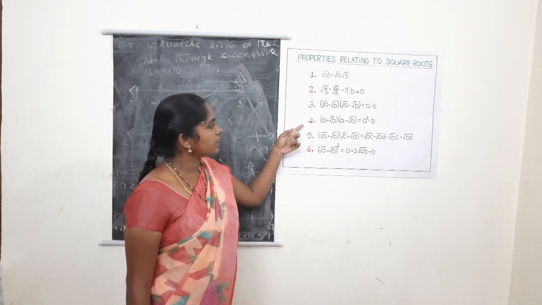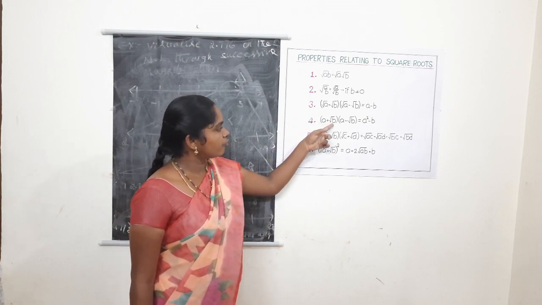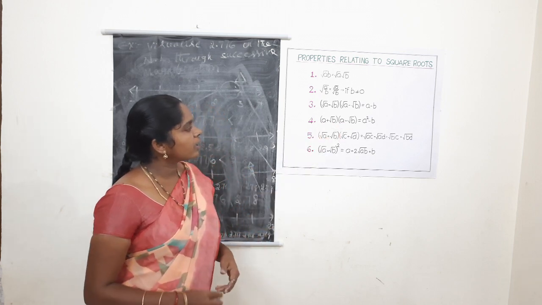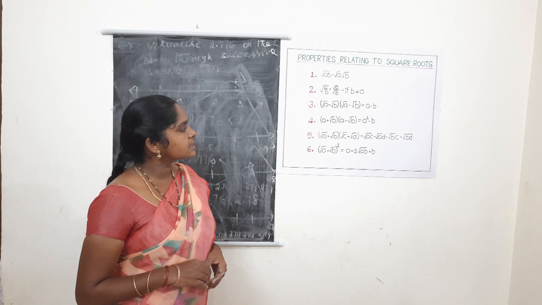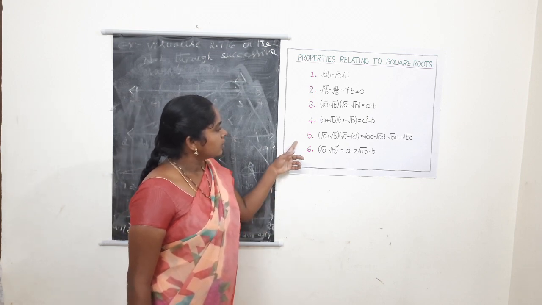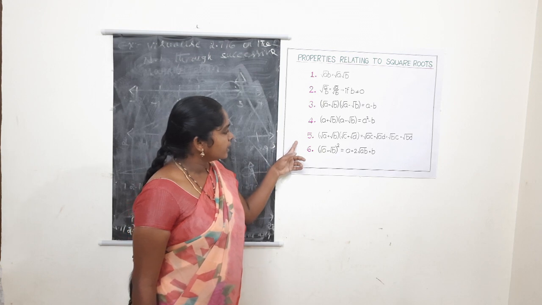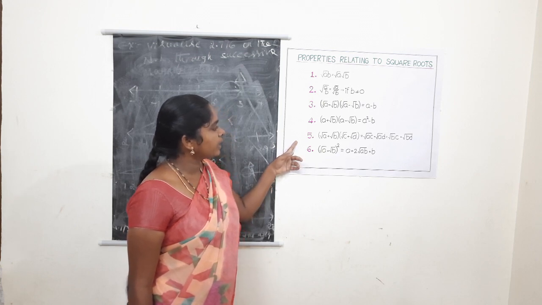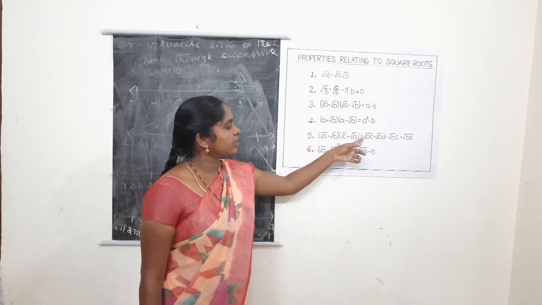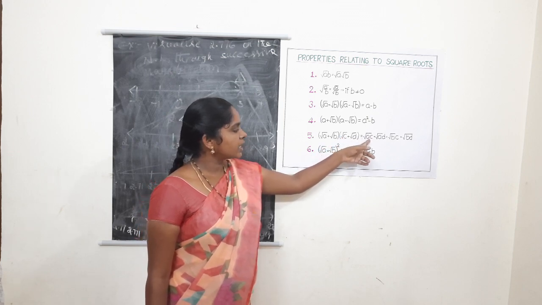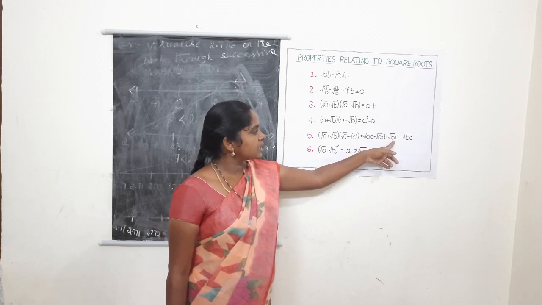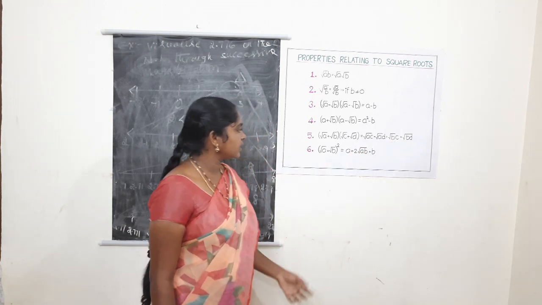Fourth property, A plus square root of B into A minus square root of B equal to A square minus B. Fifth property, square root of A plus square root of B into square root of C plus square root of D equal to square root of AC plus square root of AD plus square root of BC plus square root of BD.